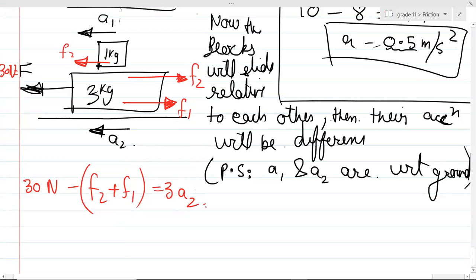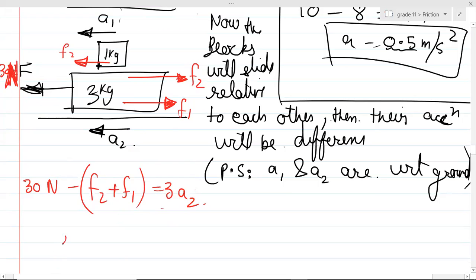This is the first equation. I told you the accelerations of both the blocks are different now. So 3a2. Yes, sir, this is the force on the 3 kg. The force equation on the 3 kg: 30 Newton minus F2 minus F1, or basically minus F2 plus F1, is basically 3A2.